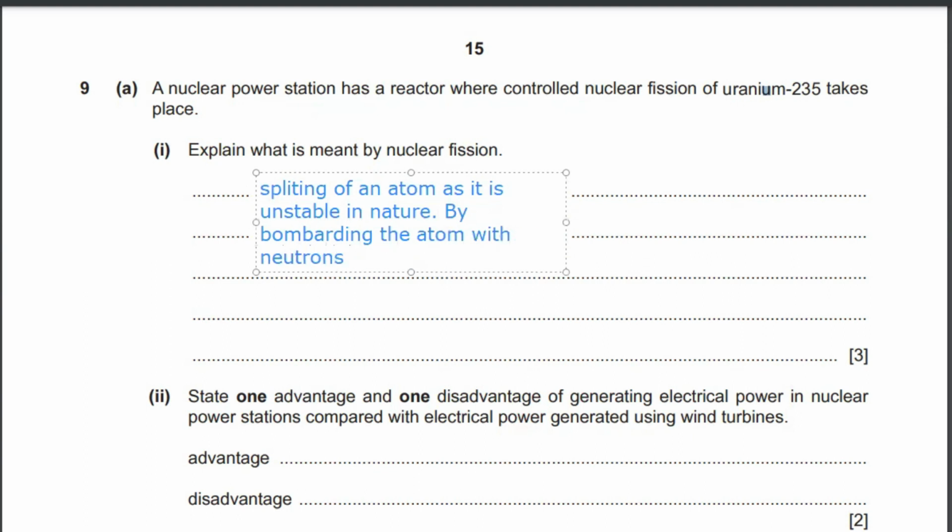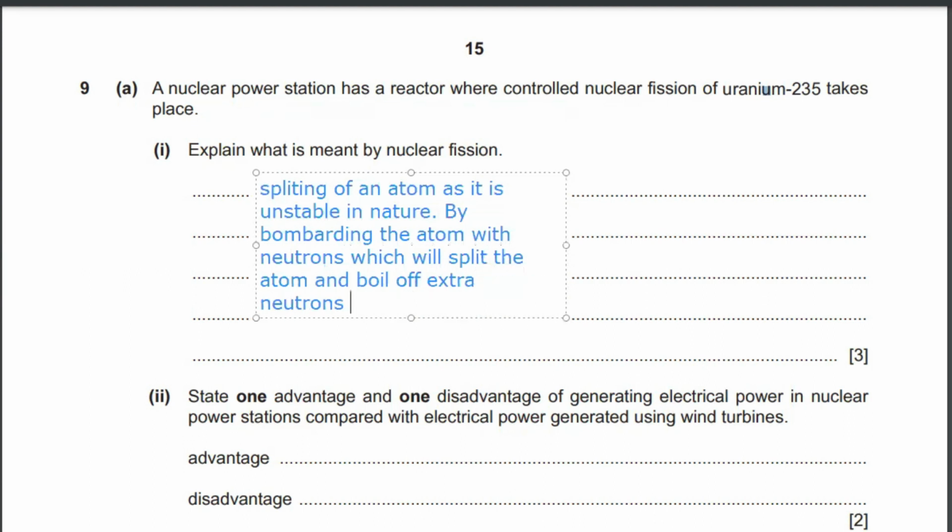So neutrons will be bombarded on the atom, and when a neutron hits the atom, it will split the atom and boil off extra neutrons in the process. So this will create a chain reaction. As we have only used one neutron, now after splitting there are three neutrons, one which was given earlier and two coming from the uranium itself.